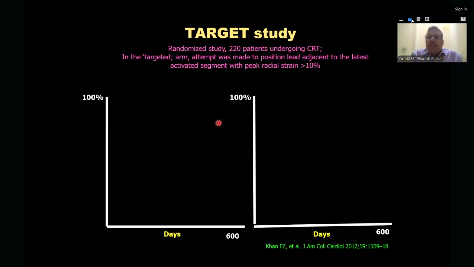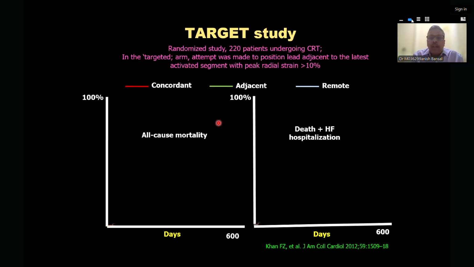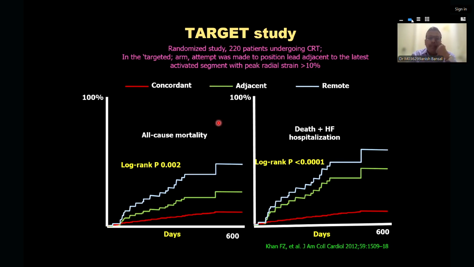Using this information, 2 randomized studies have tried to figure out whether this can help in placing leads in patients who are undergoing CRT. One of them is the TARGET study, and in this study, patients in one arm were treated as per convention, and in the other arm they were treated according to the echo data. And the electrophysiologist tried to implant the lead closest to the site of latest activation without scarring.